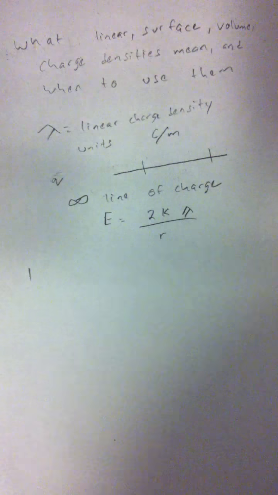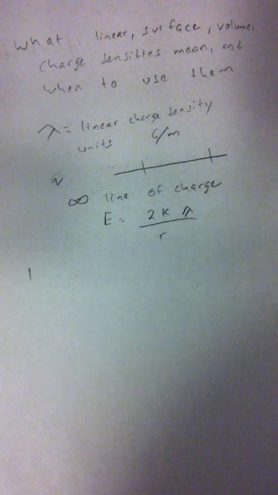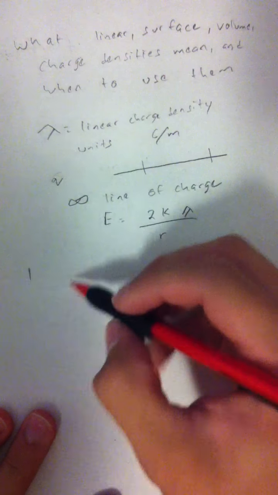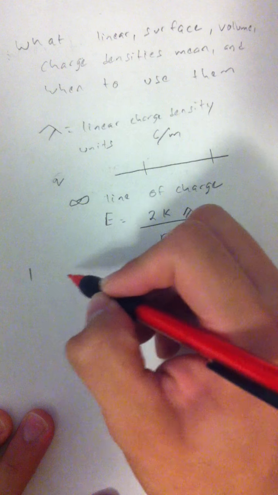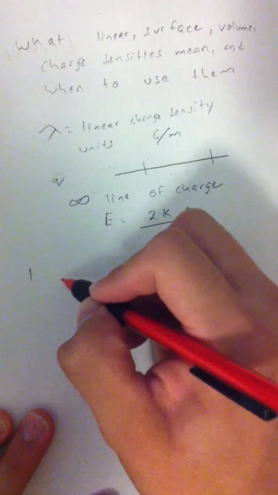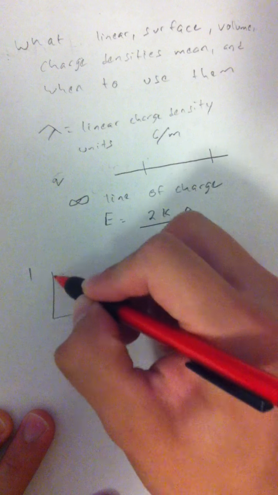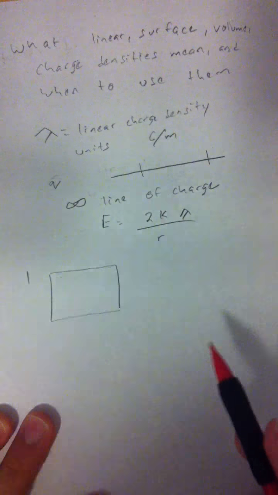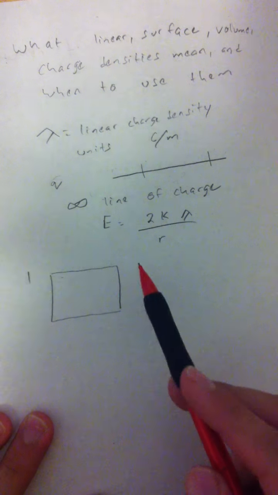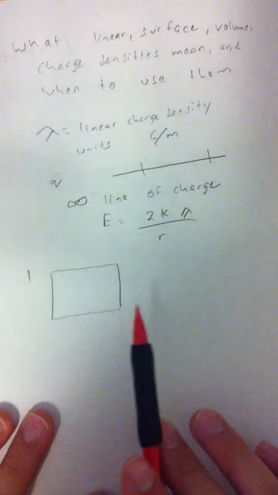So now pretty much the same thing applies to something with a surface. Say we have a surface, like a plane, going off into all directions. We can no longer use lambda because this is no longer a one-dimensional object.